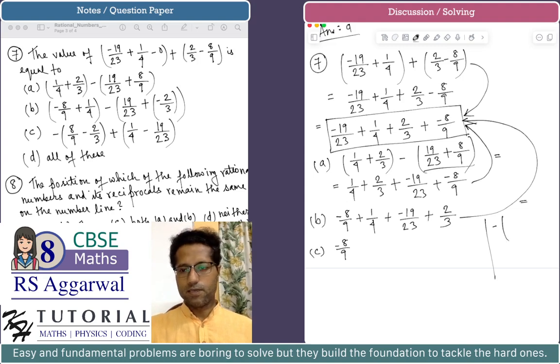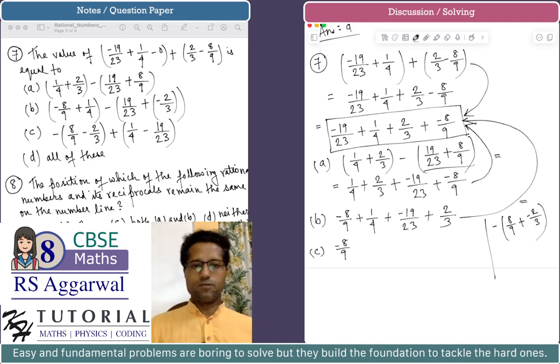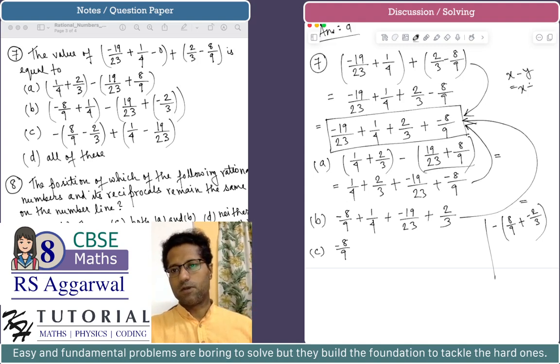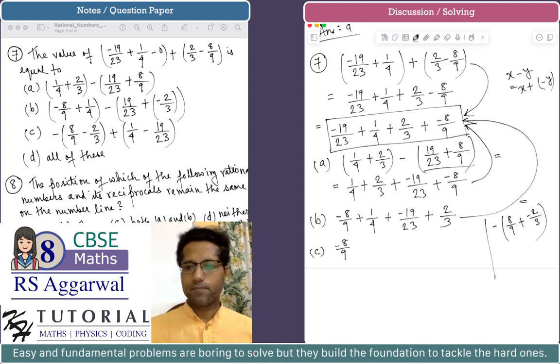We have minus 8 by 9 minus 2 by 3, which means plus minus 2 by 3, because we know that if x and y are two rational numbers, then x minus y is nothing but x plus the additive inverse of y, that is minus y.